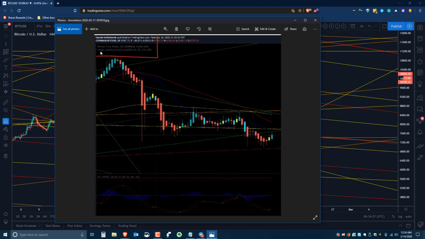He has a simple moving average of 21 periods, a simple moving average of 50 periods, an EMA, or exponential moving average, of 144 periods, and then a simple moving average of 200. So those are the bands that he uses to also help determine where you're at in the trend.